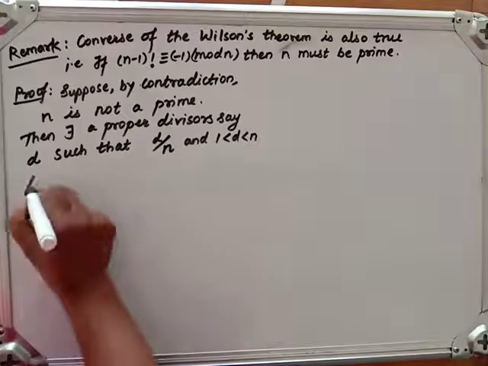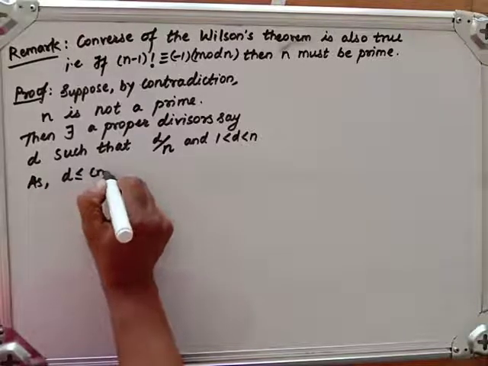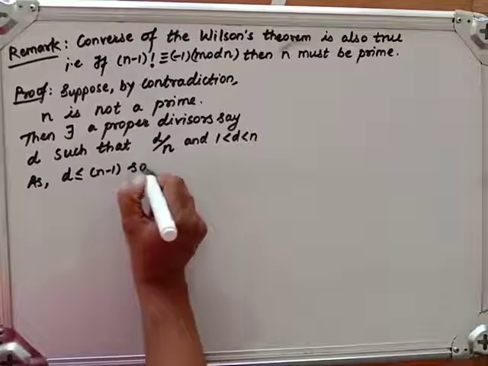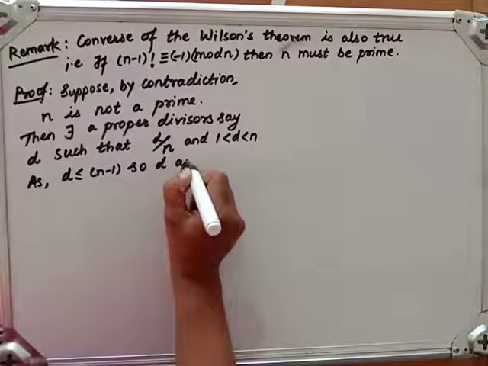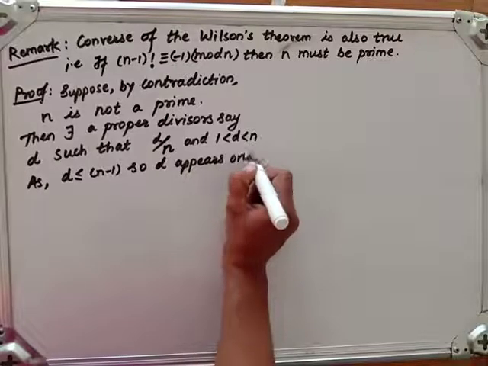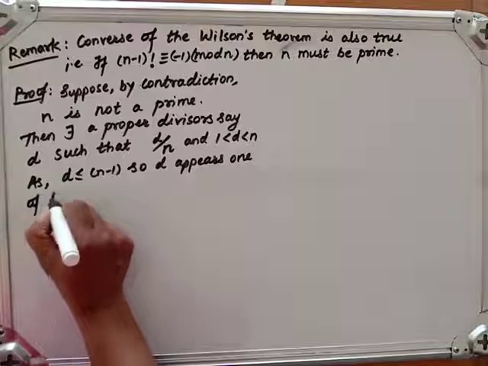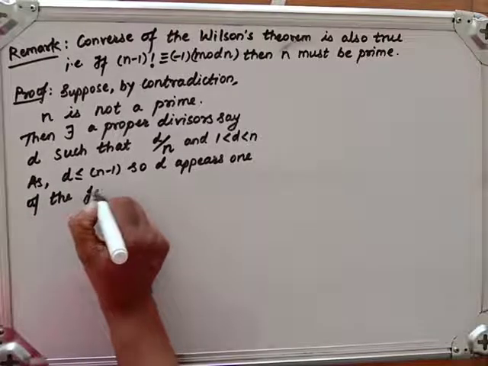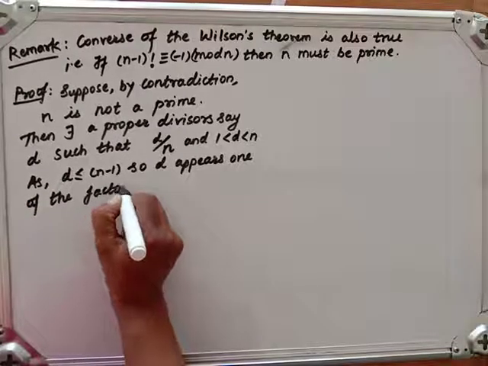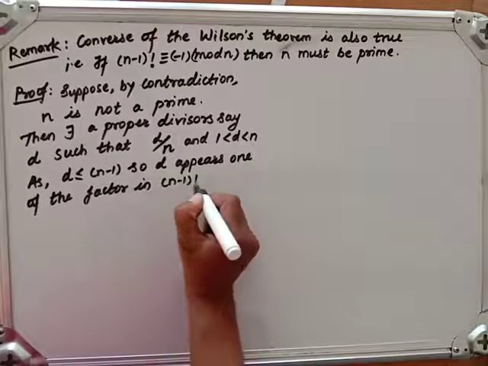Okay, as D is less than or equal to n minus 1, D appears as one of the factors in (n minus 1) factorial.